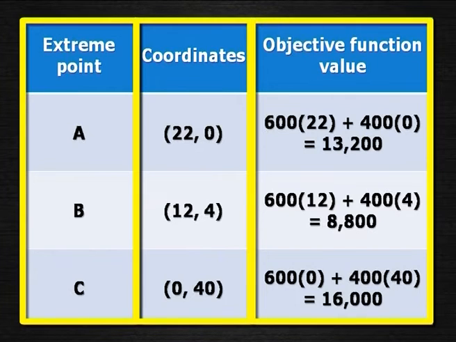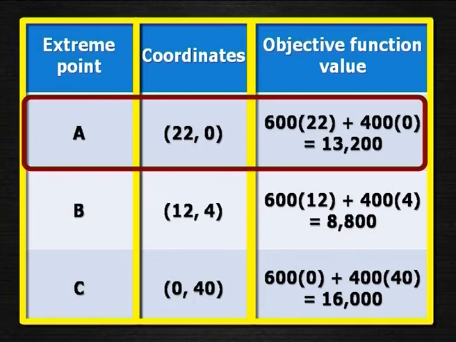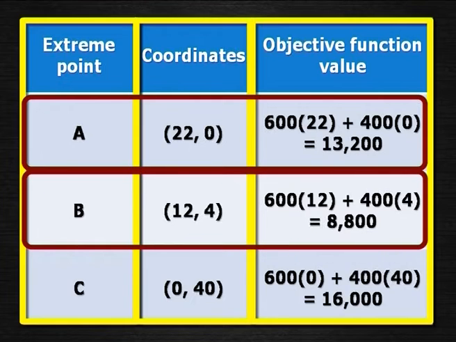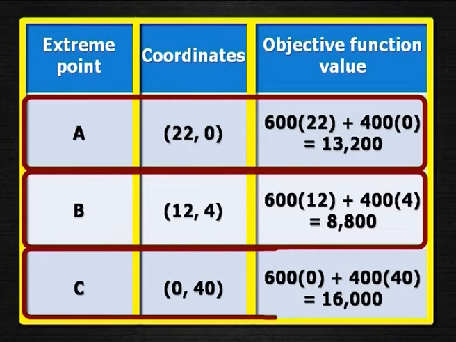So, for the first coordinate A, 22, 0, the objective function value will be 13,200. The second coordinate B, 12, 4, the objective function value will be 8,800. The third coordinate C, 0, 40, the objective function value is 16,000.